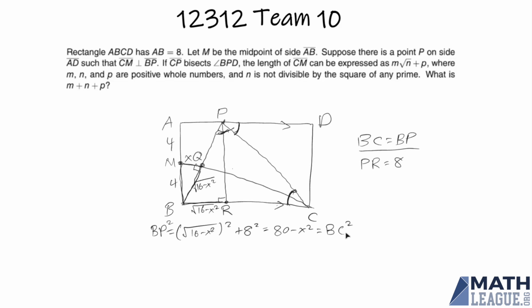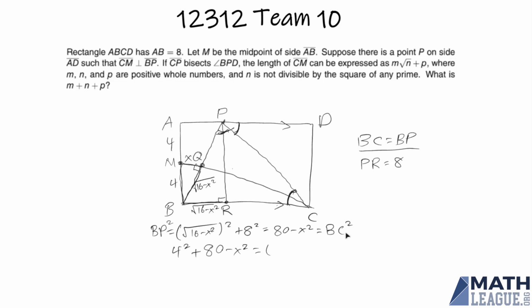And then finally, we can use the Pythagorean theorem on BMC. So BM is 4, so 4 squared, plus BC squared, which is 80 minus x squared, so we have that equals CM squared.